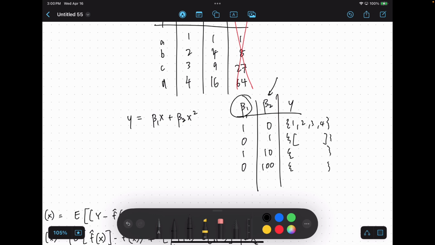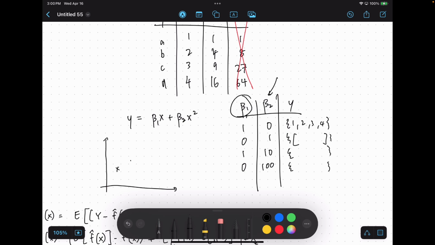Maybe this is an easier way to show it, right?